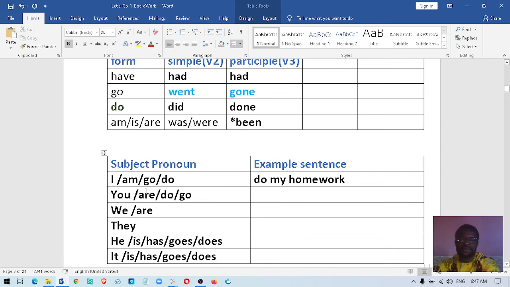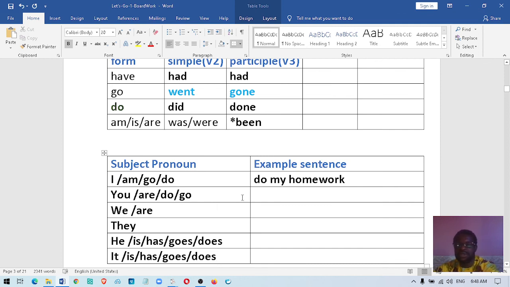Did you see that? That's why you have to pay particular attention to the pronouns, because they change depending on the verb that we've got. So we've got verb be, this I becomes I am. I go to school, I do my homework, you are a student, you are in my class, you are our teacher, you do your best, you do your duty, you go to work every day.